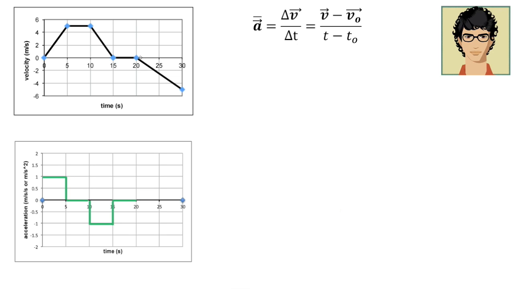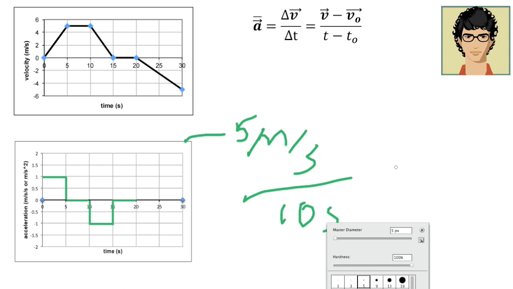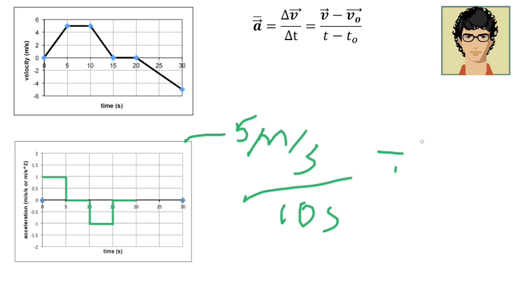It looks like we're going from a rise of -5, so it's -5 meters per second, divided by 10 seconds. Over 10 seconds is the time interval. And so we get negative 1/2 or -0.5 meters per second squared.